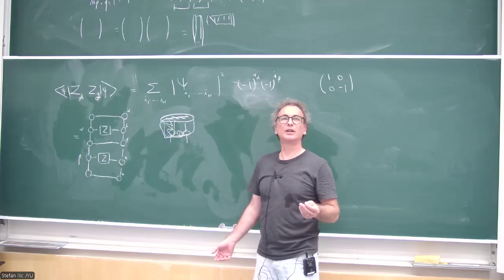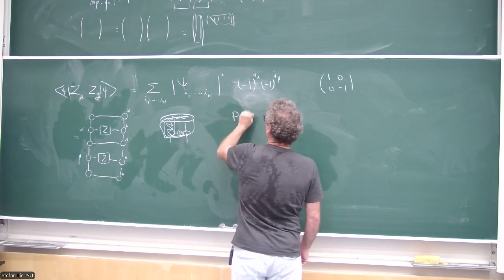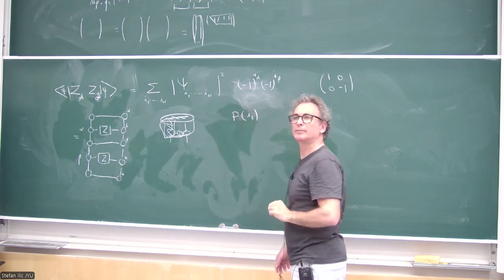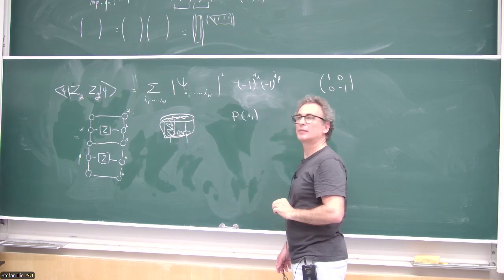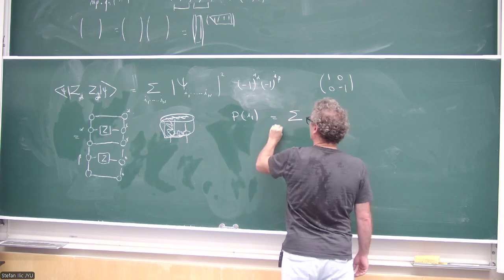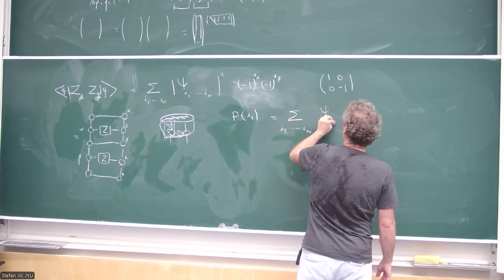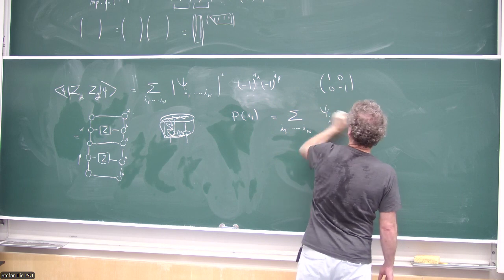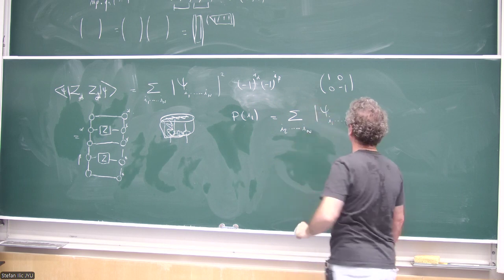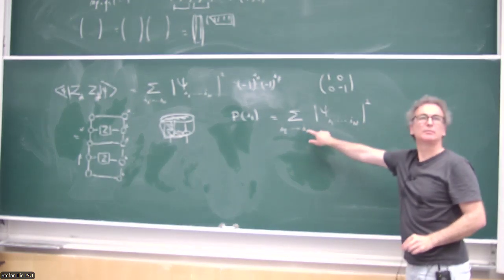We need first to calculate the probability of the first qubit to be equal to i1. And that's essentially the sum over i2 ... iN of psi(i1, ..., iN) squared. The sum is over everyone but i1.